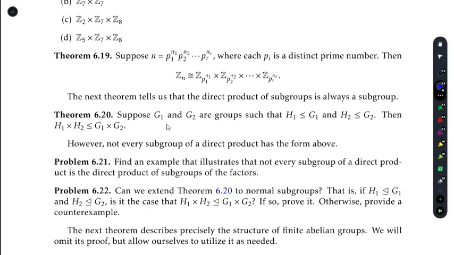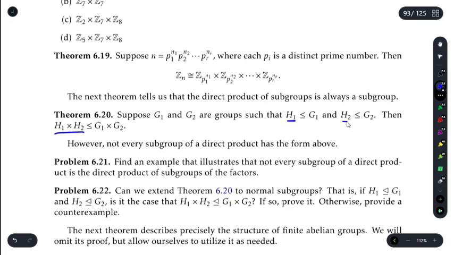Well, one interesting thing is that if you take a look at H1 cross H2, where H1 is a subgroup and H2 is a subgroup, then H1 cross H2 is also a subgroup of G1 cross G2. So go ahead and get this written down, and I have no clue how long it's going to take you to write that down, so you can pause me, I suppose.